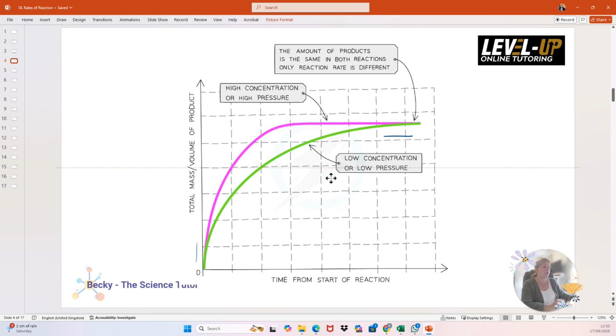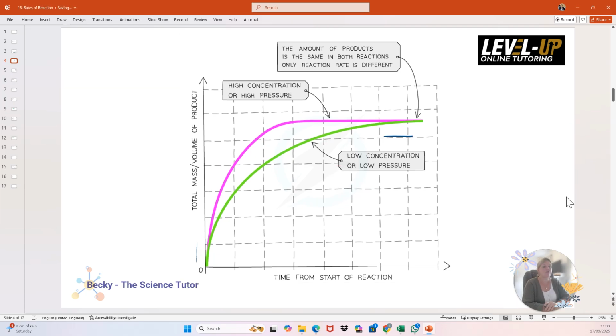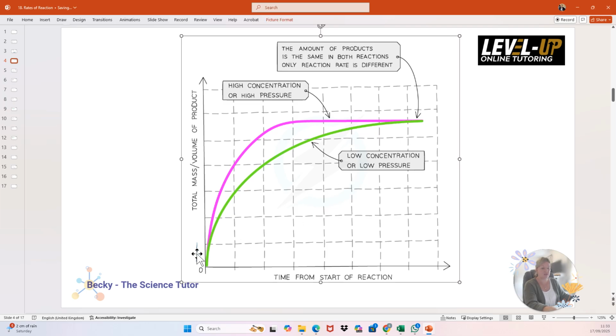Now what you might see in lots of these questions are little graphs like this. You are often asked to draw a second line on the graph to show a higher or a lower concentration or something like that.